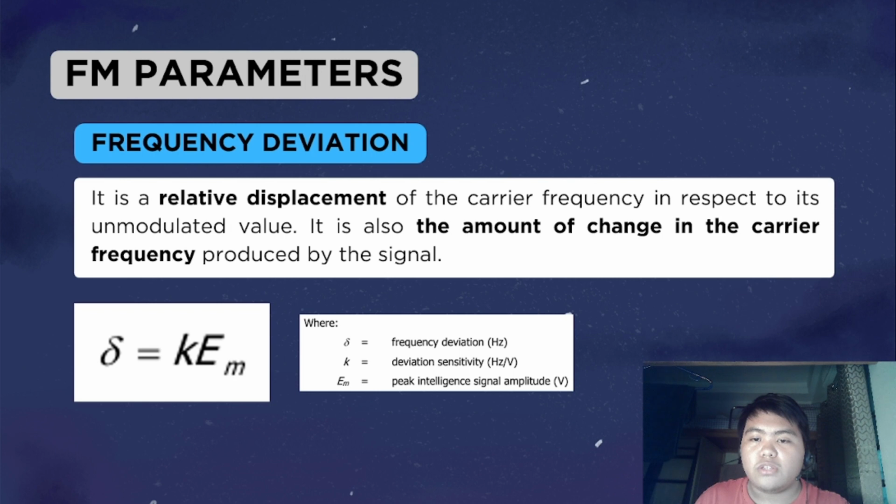It is also the amount of change in the carrier frequency produced by the signal. Frequency deviation in terms of hertz can be expressed as the product of the frequency deviation constant and the modulating signal peak voltage, wherein the maximum deviation occurs at the peak positive amplitude and the negative deviation occurs at the peak negative.